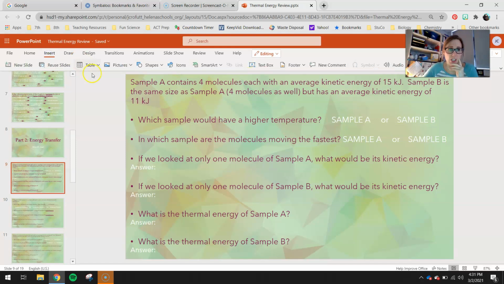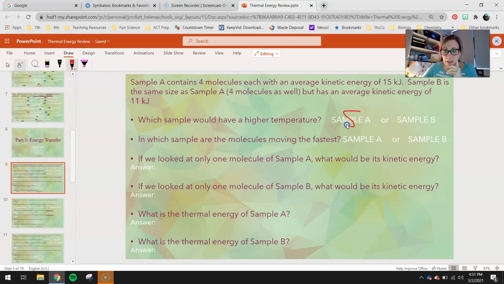On these first questions, if you think they have the same temperature, you need to write "same" over them like this. Same wasn't an option on here, but that doesn't mean it's not an option for your answer. So it's a little trick question. But for this one, it's not going to be the same, so I'll go ahead and give you that hint as well.